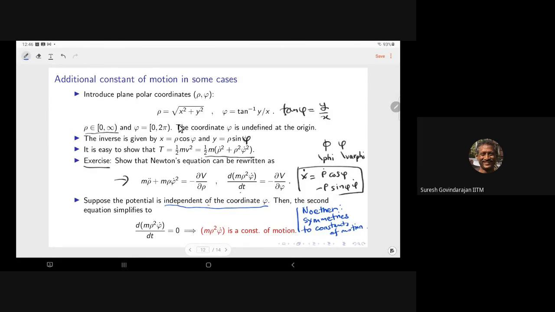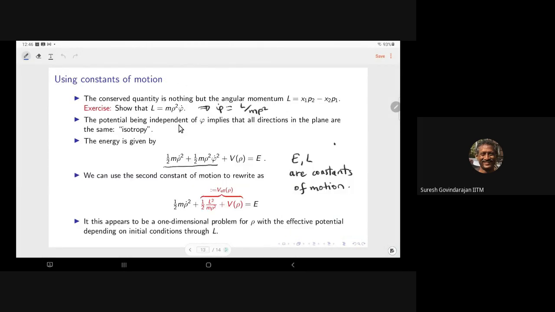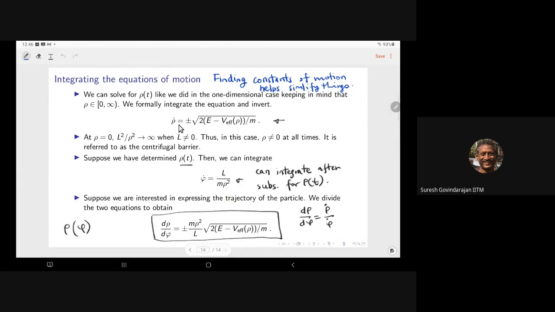This is something we will study later in this course, but this is really one of the first examples. And you can ask, if we are given some general dynamical system or a Hamiltonian, how many constants can we find, and so on. These are things we will discuss in some detail as this course proceeds.